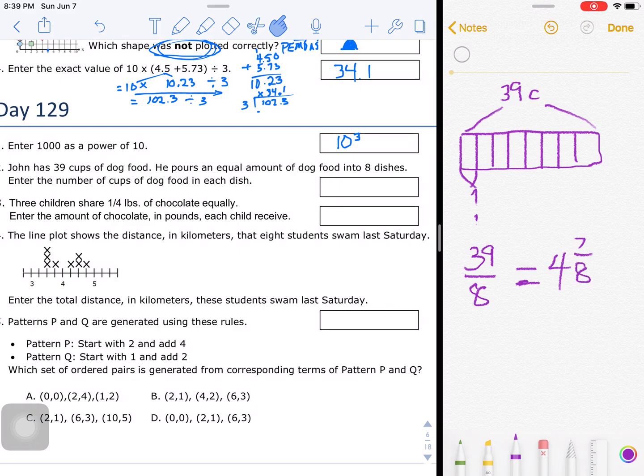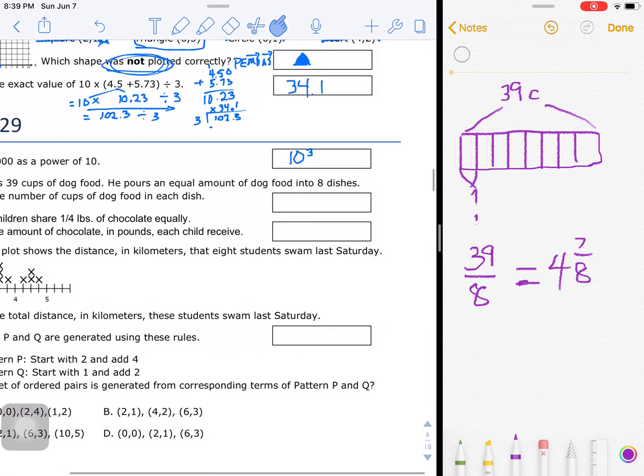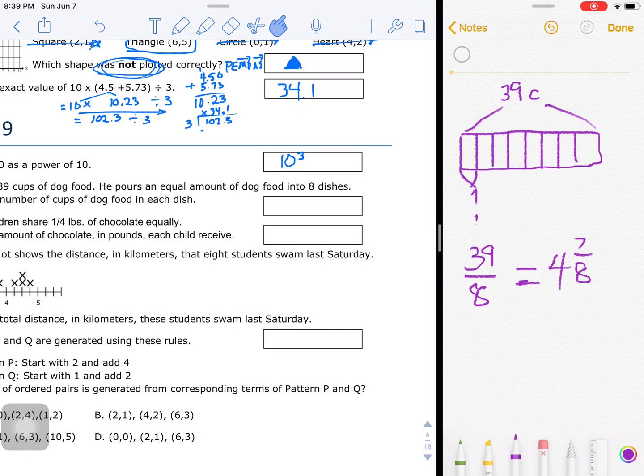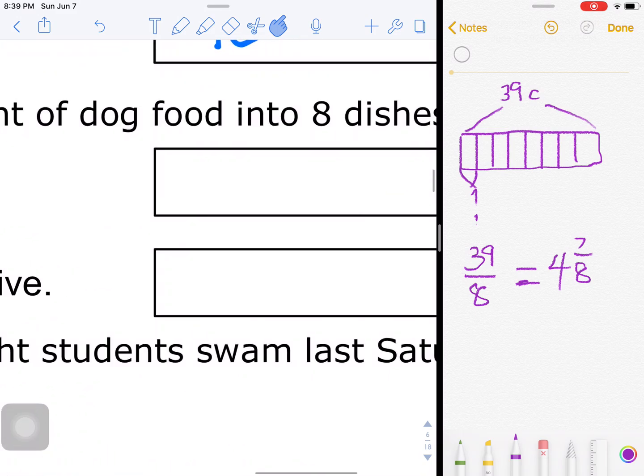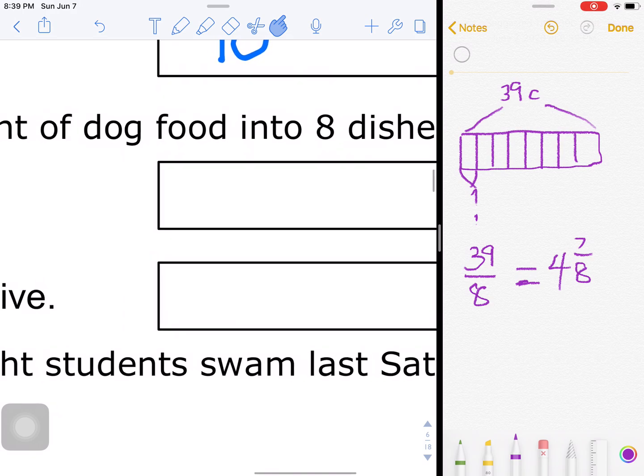So it'd be 4 and 7/8 cups would go in each dog dish. 4 and 7/8 cups of dog food in each dish.